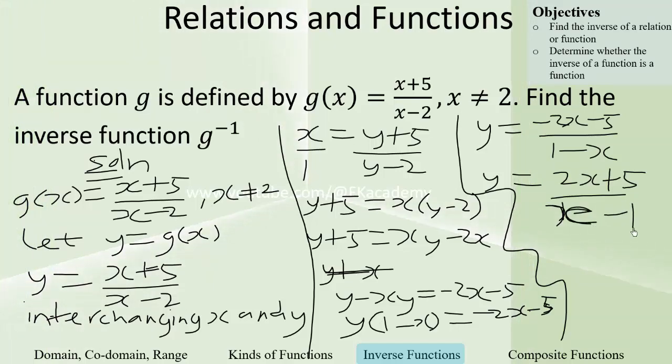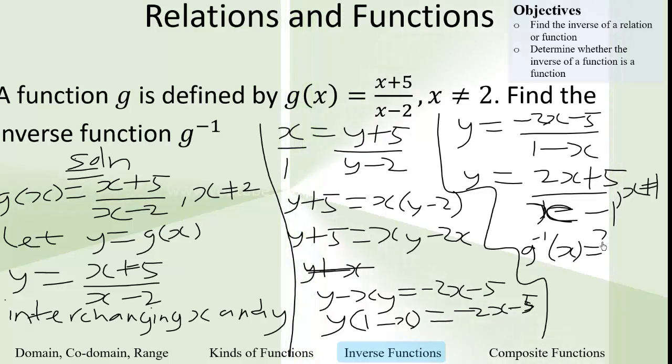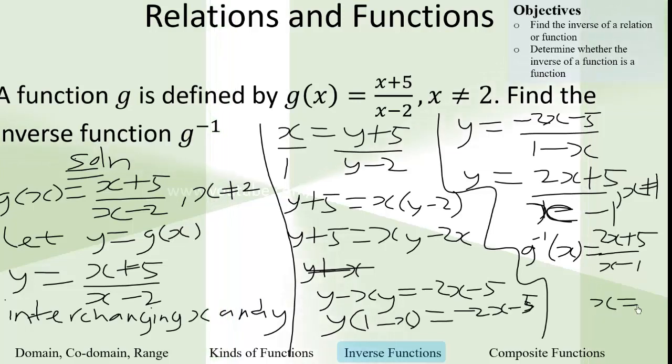So this will be the inverse, where x is not equal to 1. So g inverse will be equal to 2x plus 5 over x minus 1, and x is not equal to 1.